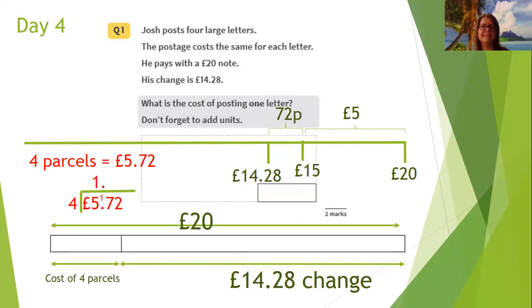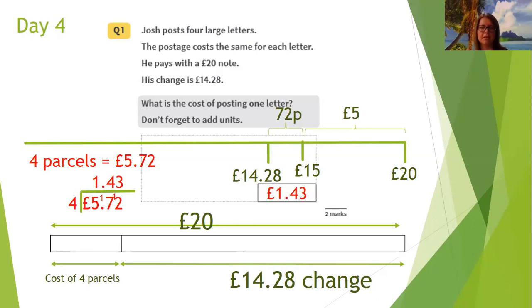Oh, 4 4s are 16 and 1 left over. So we've got 4 and then the 1 left over, which we're putting in front of the 2 to make 12. 12 divided by 4? 3. So the cost of 1 parcel or 1 large letter is £1.43.